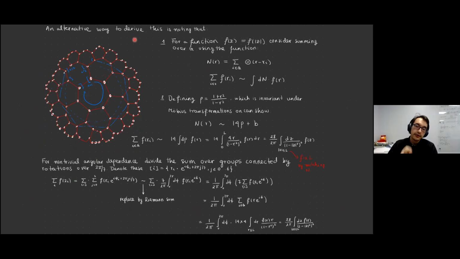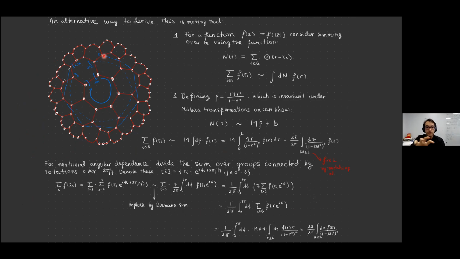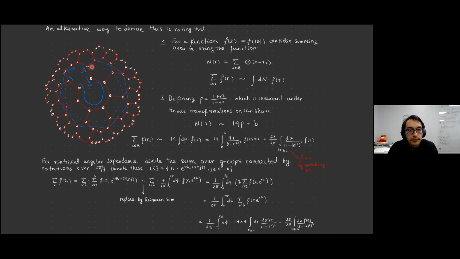Another way, which I thought was a clever way to show that the integral formula holds, is by rearranging the sum in a different way, where you identify points that are connected via this rotation by 2 pi over 7. So what you essentially do is you go to your graph and take groups of 7 points, which are related by these rotations.